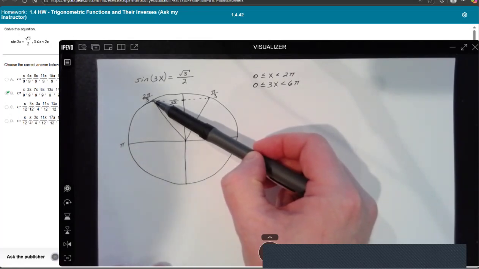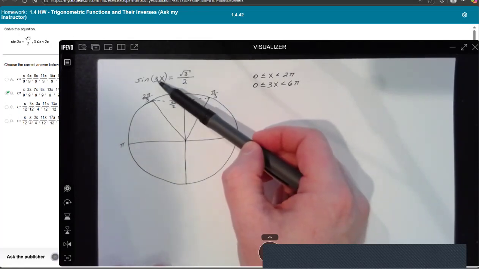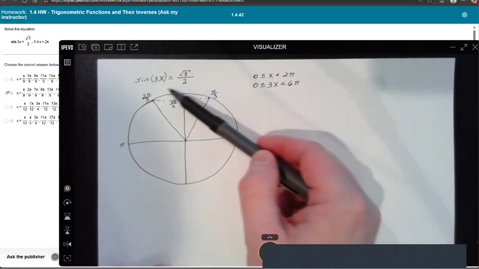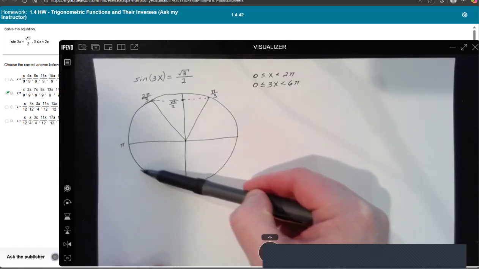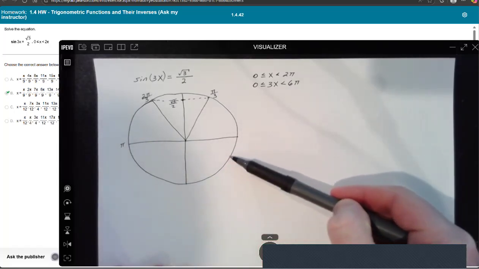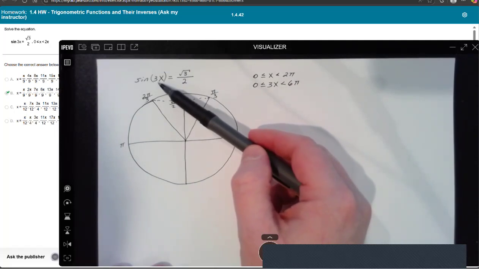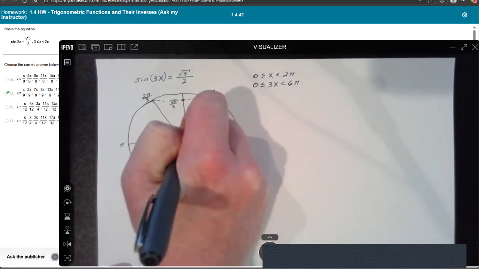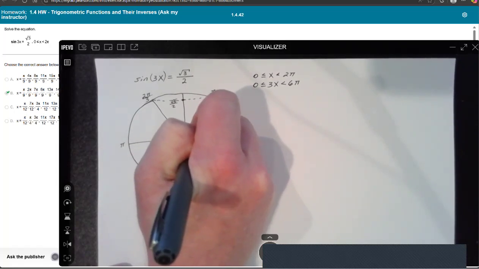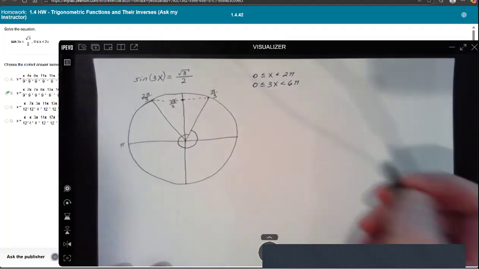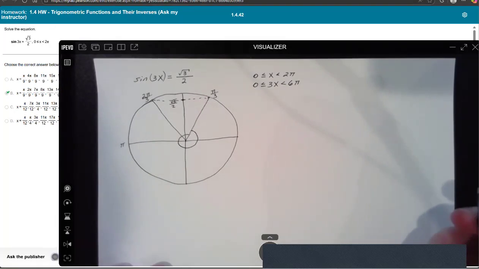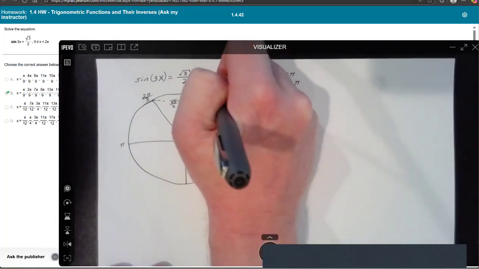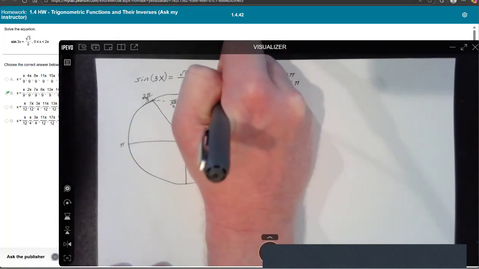Now, since I have to think of three revolutions, those are the only answers in the first revolution, but I could go on around and say, as long as that angle 3x gave me a coterminal angle to this one by rotating around another 2 pi radians, in that case, that angle would be pi over 3 plus 2 pi, which is pi over 3 plus 6 pi over 3. I'd get to 7 pi over 3.